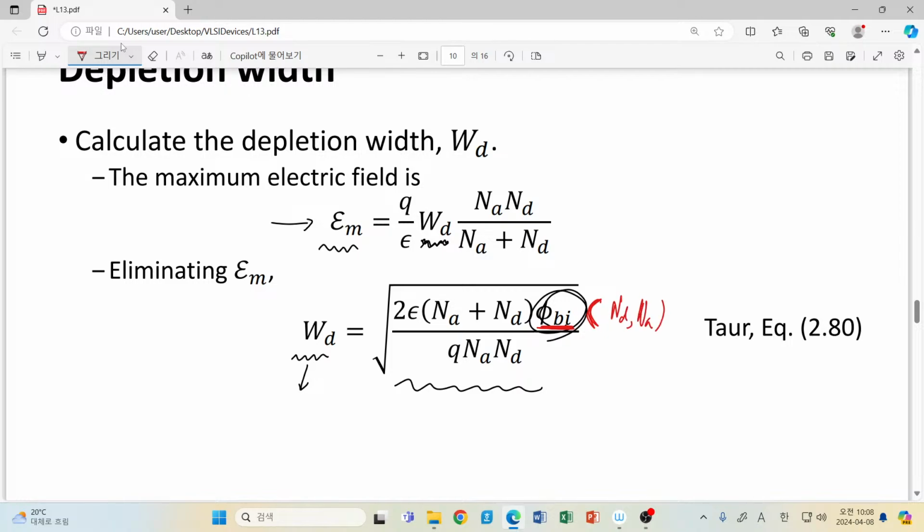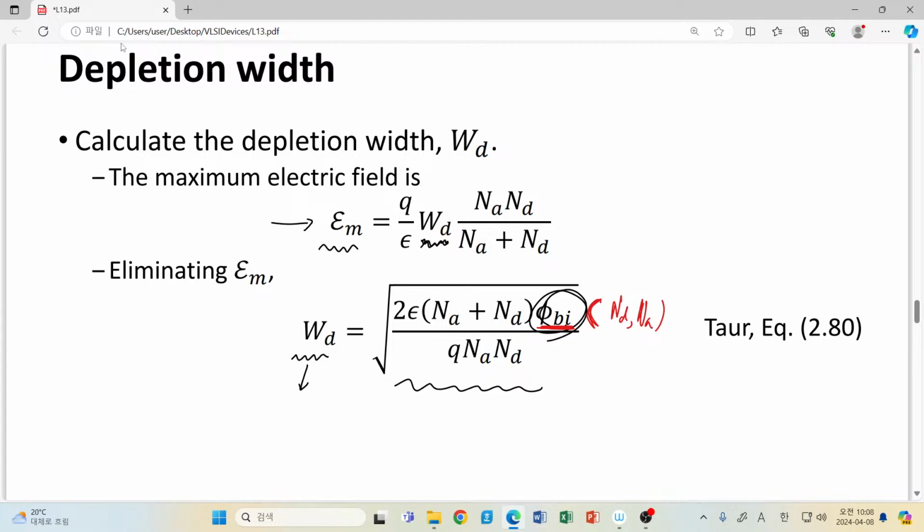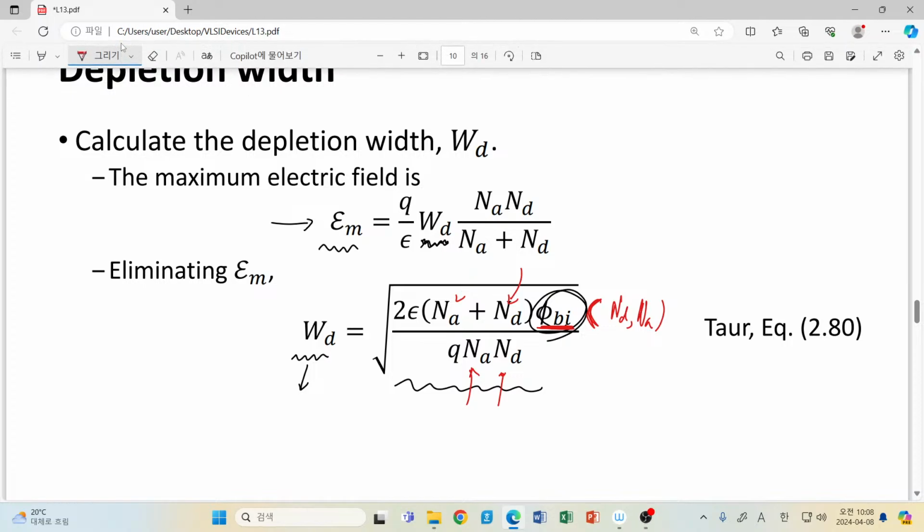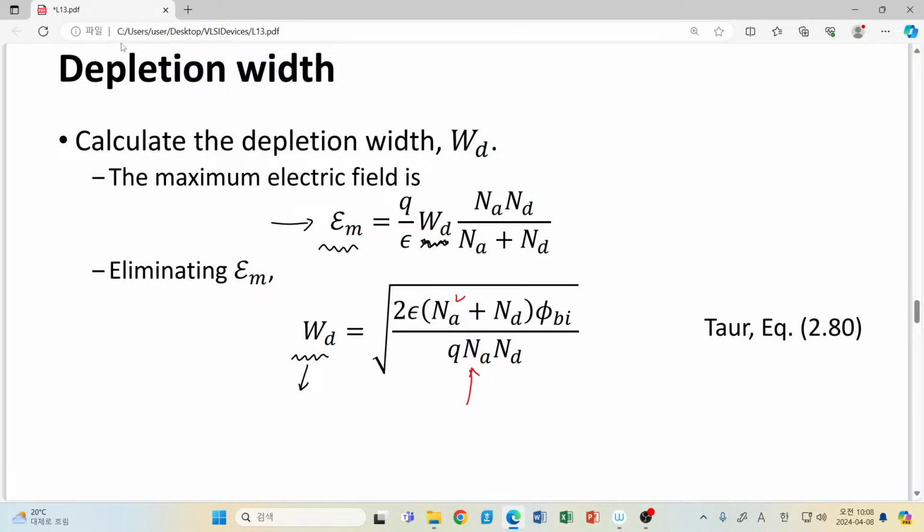So when you change Nd and Na, explicitly you have changed the values of Na and Nd, and implicitly your built-in potential phi Bi is also affected by this doping change. The point is, although it is written in this form, you can understand it a little better when you look at this form: 2 epsilon over q, this, this, this, and now let's consider the doping dependent term.